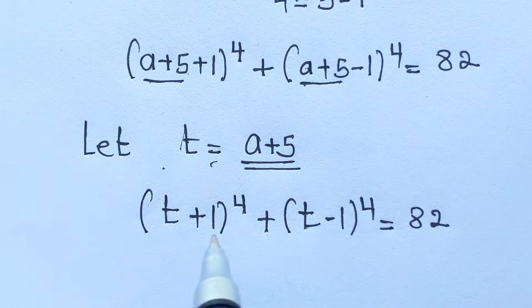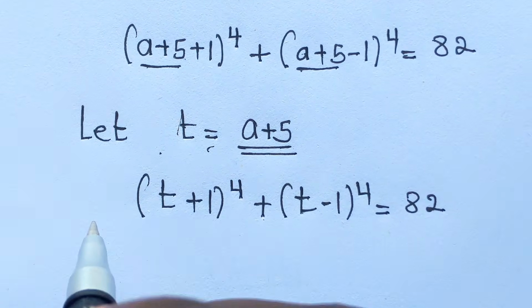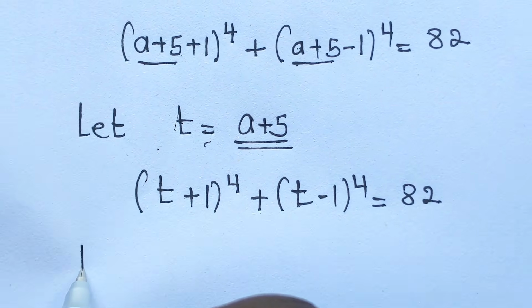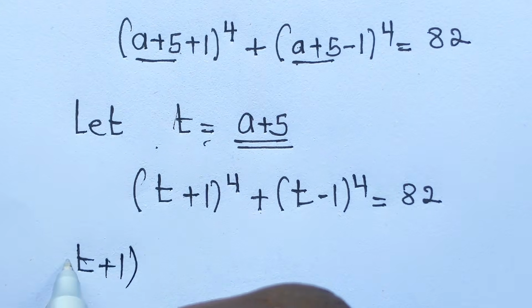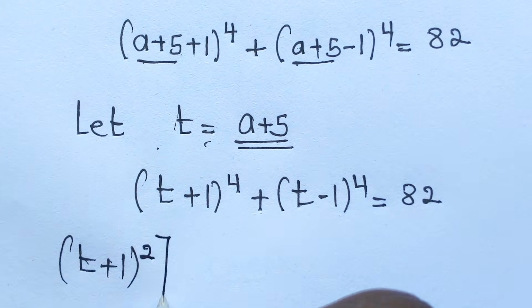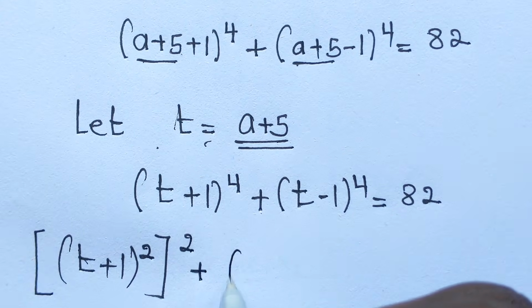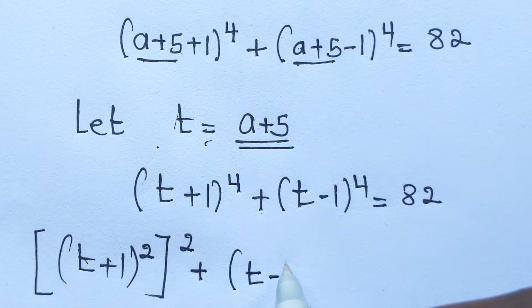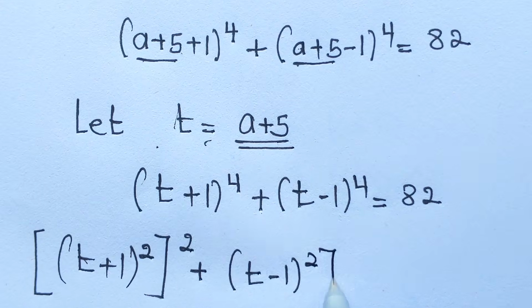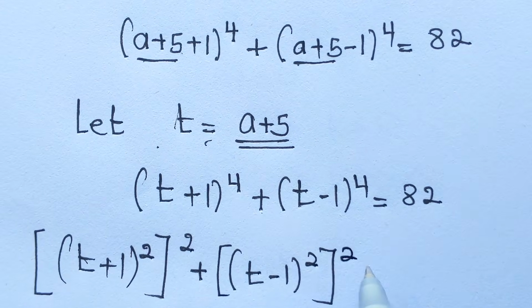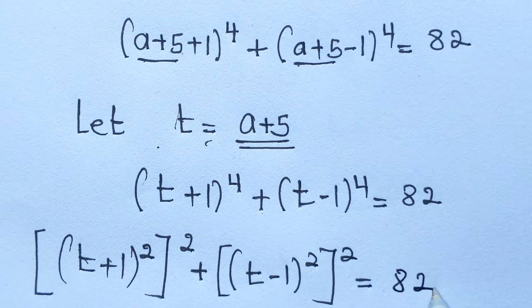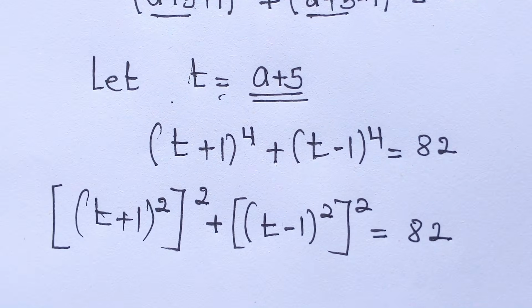Now, this can be written as (t + 1) squared, then squared again, plus (t - 1) squared, then squared again, which is equal to 82.